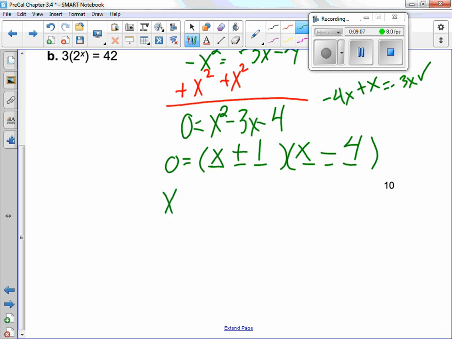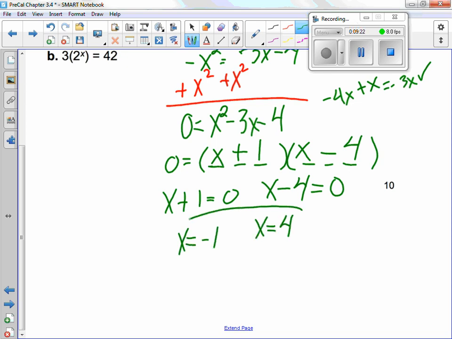Now the zero product property says that because I have 2 things multiplied together to equal 0, one of them has to be 0. We can set them equal to 0, and those are our 2 values. Questions on this here? And that's it. That's all we'd have to do for this here.